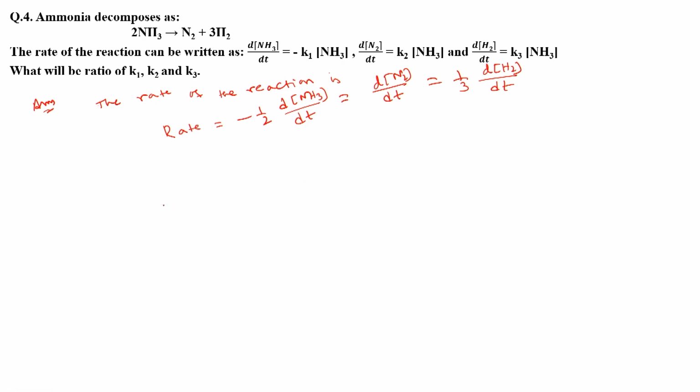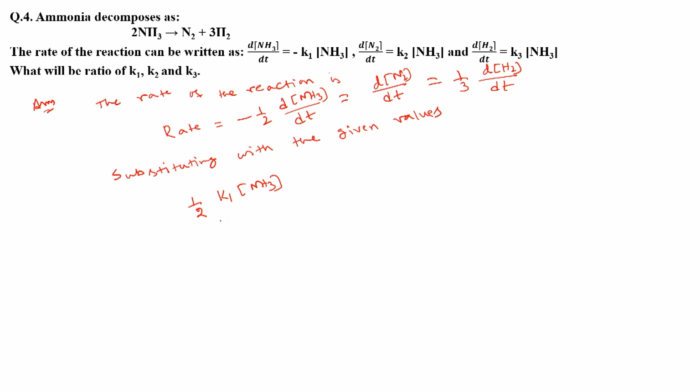Okay, so substituting with the given values, we write half of K1 times concentration of NH3, right, because it is given that minus of d concentration of NH3 by dt gives you K1 times concentration of NH3.